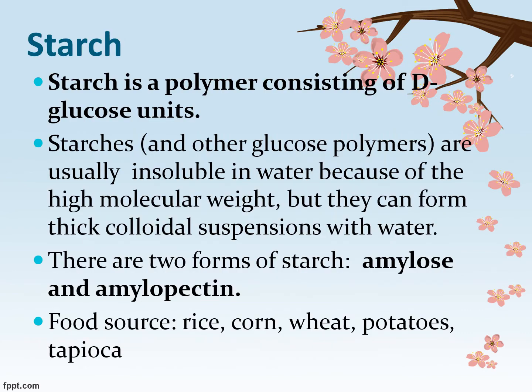So the first type of polysaccharide is starch. Starch is a polymer consisting of D-glucose units, and they are usually insoluble in water due to their high molecular weight, because the polysaccharide is made of hundreds up to 1000 monomers of monosaccharide.